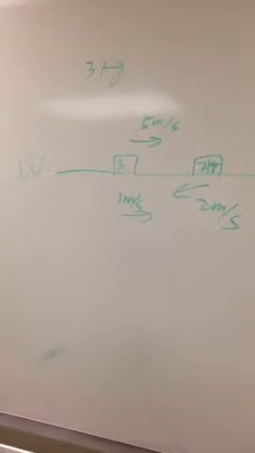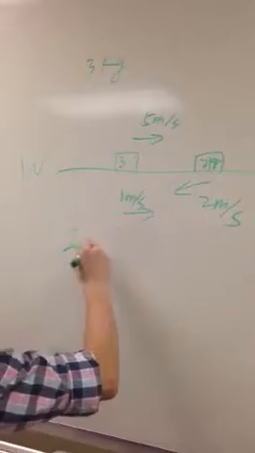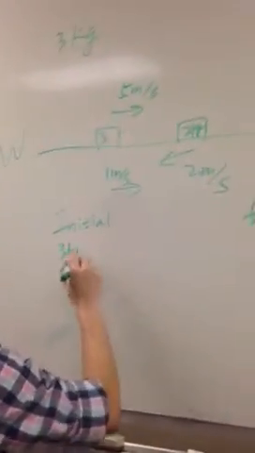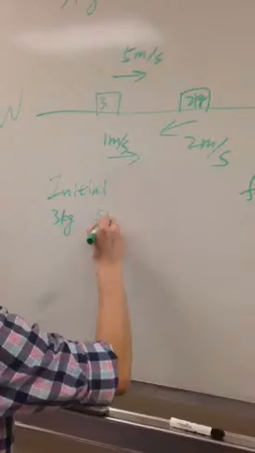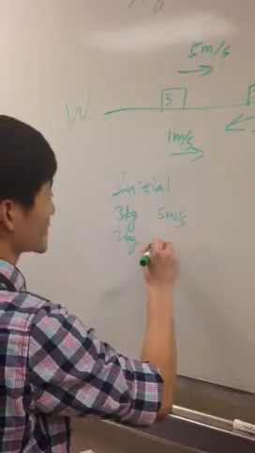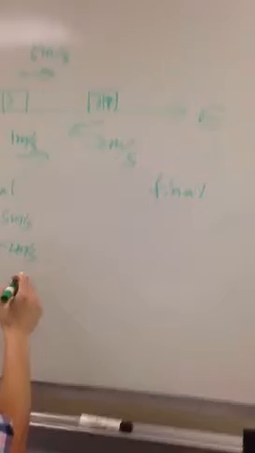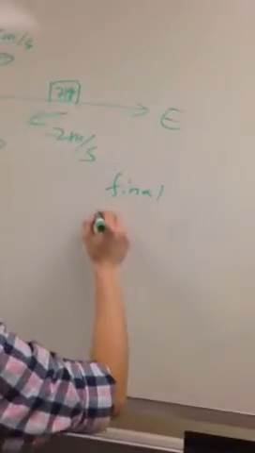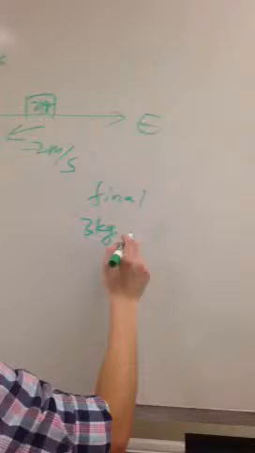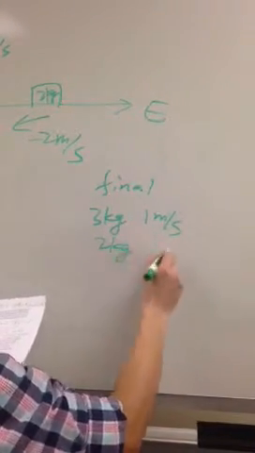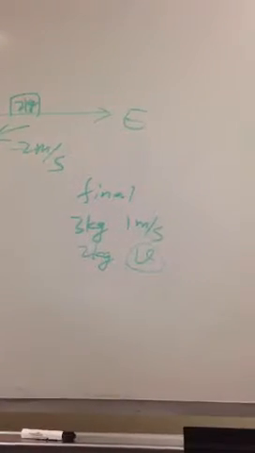Okay. The initial, and then the final. The initial 3 kilogram has 5 meters per second. The 2 kilogram got -2 meters per second because it's moving to the west. And then final, the 3 kilogram got 1 meter per second. 2 kilogram, we don't know. That's the thing we need to calculate.